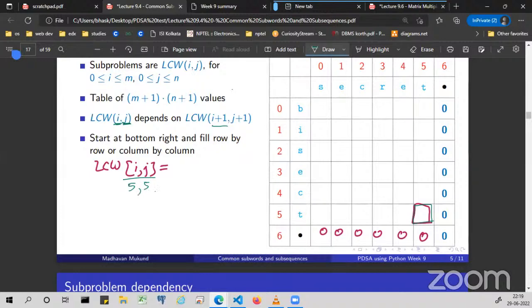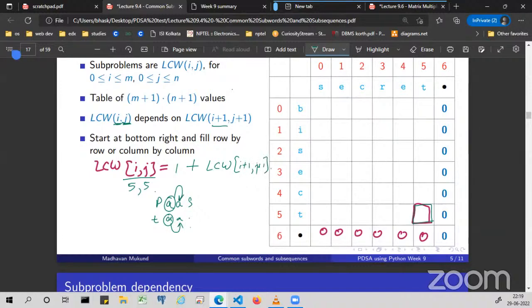Now, what was the case that I would check if it is a match? If it is a match, I would write 1 plus LCW of the next string. If I get a match, this is the first match, I move to the next on both the strings. I plus 1, j plus 1.